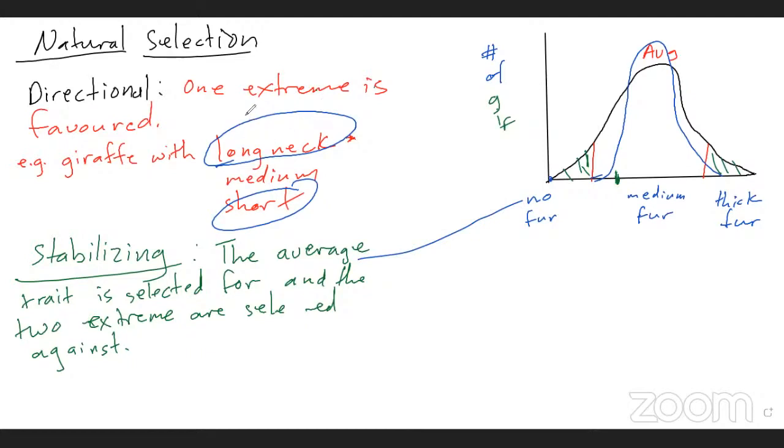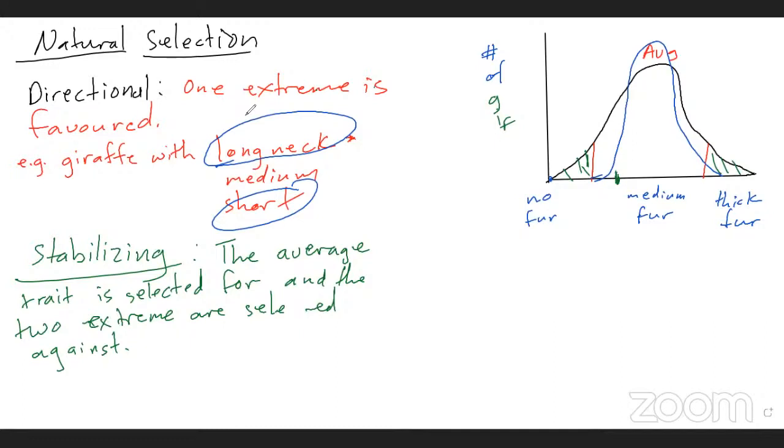So you see, for the one with the giraffe, how could you adjust it to become stabilizing selection? Just to see if you understand. Which one would be favored if it is stabilizing? Yes, medium.